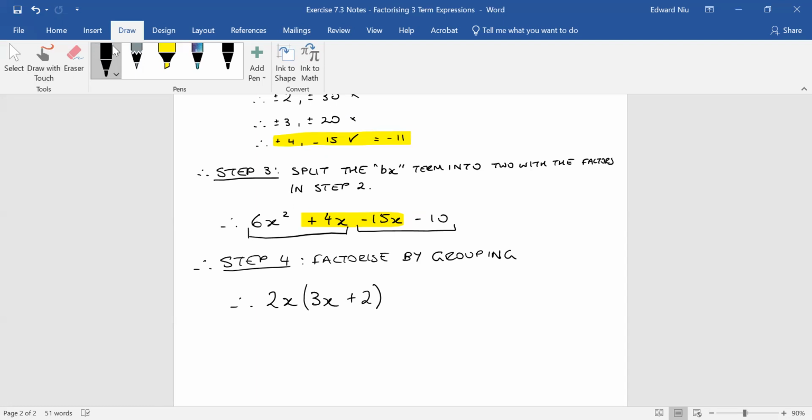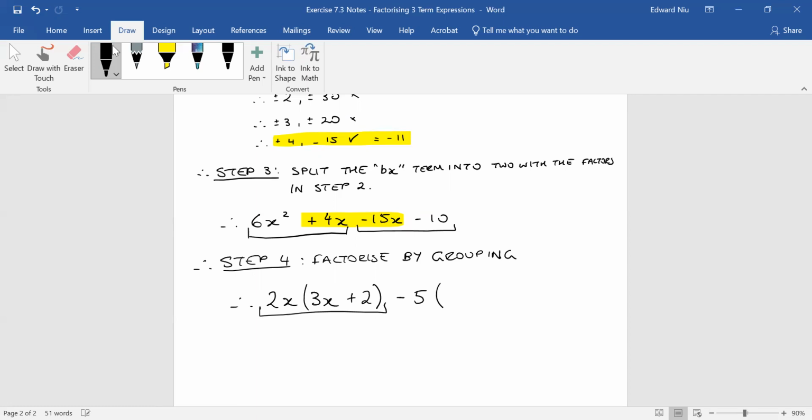The next group, we've got negative 15x and negative 10. We can factor out a negative, since that's common in negative 15 and negative 10. We also know the highest common factor of 15 and 10 is 5. So we can take out a 5. Otherwise, there's nothing else that's common.